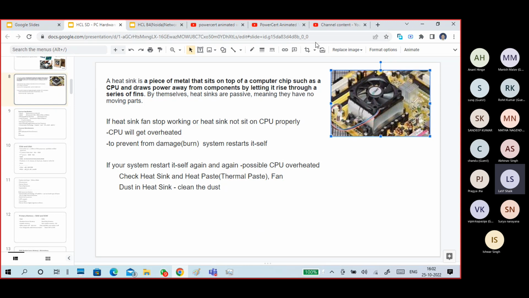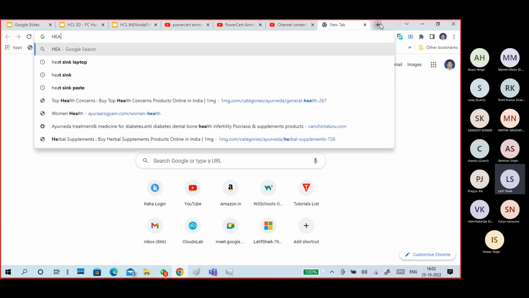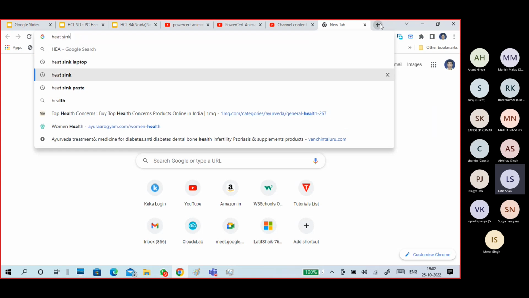We'll see that one. I'll show you what a heat sink is.